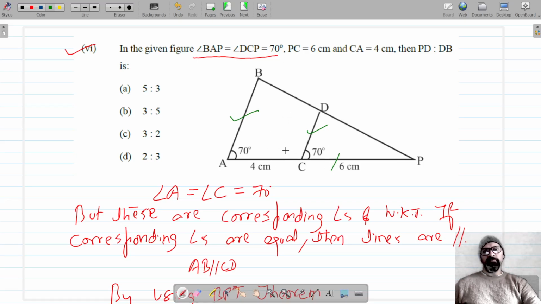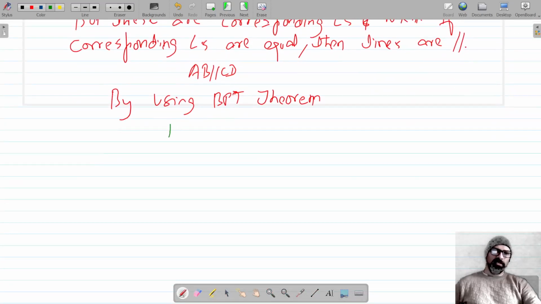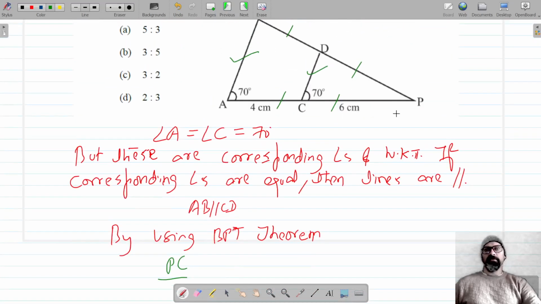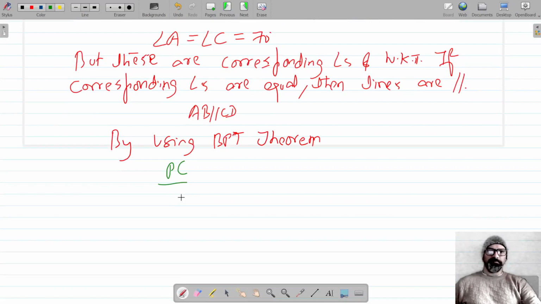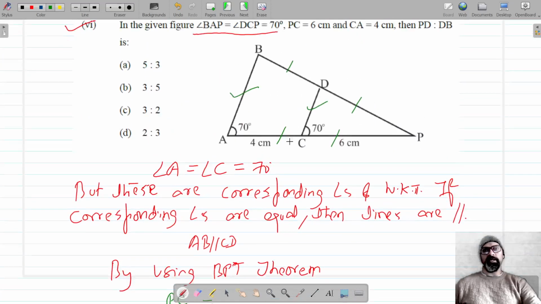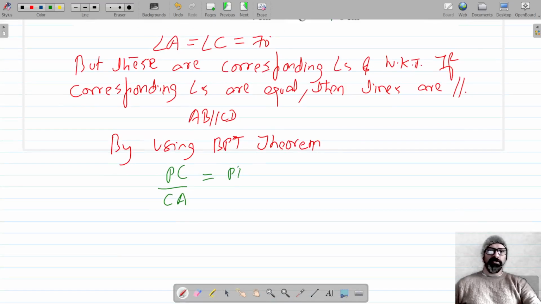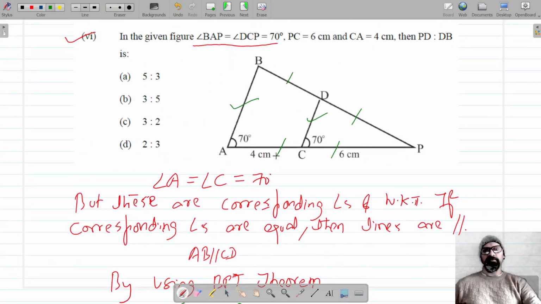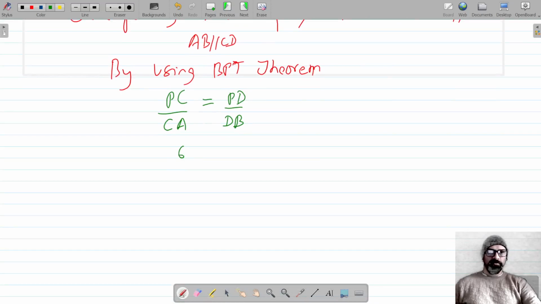So that means PC by CA is equal to PD by DB. Now PC is 6, so 6 by 4 is equal to PD by DB, which becomes 3 by 2.